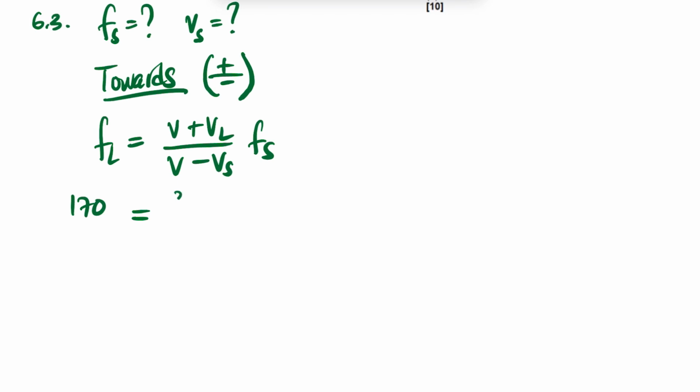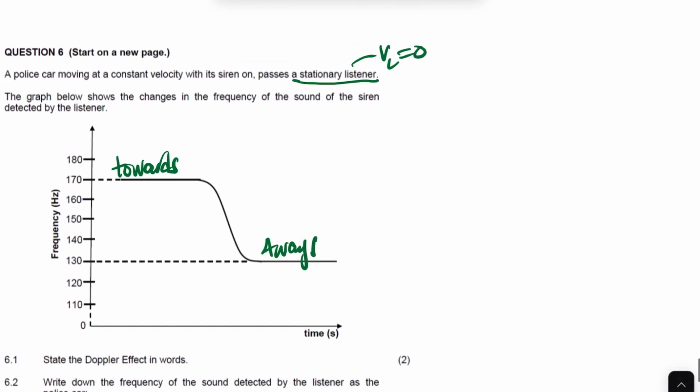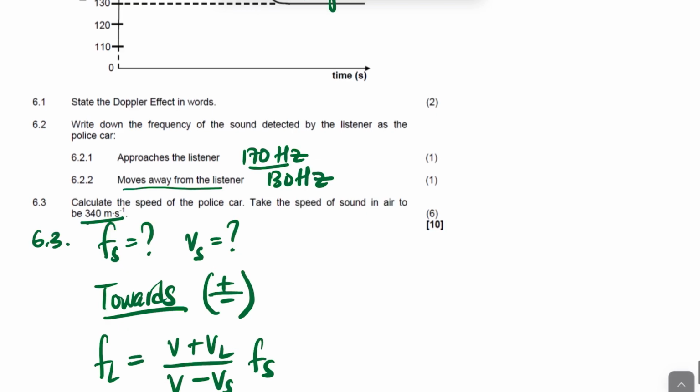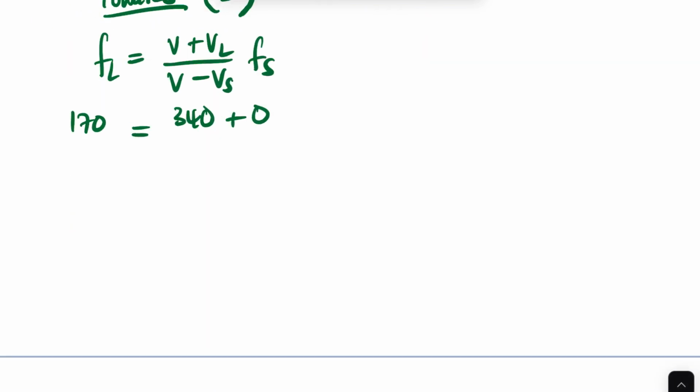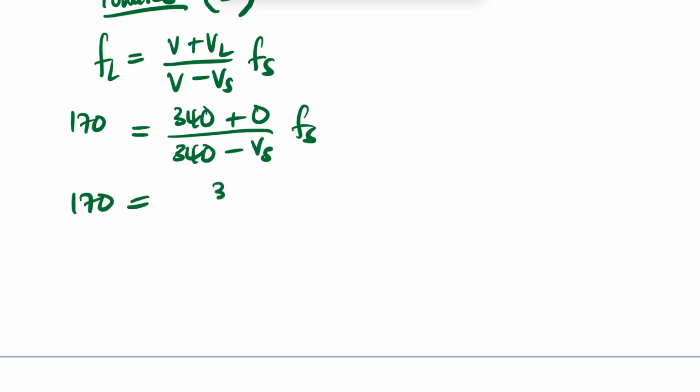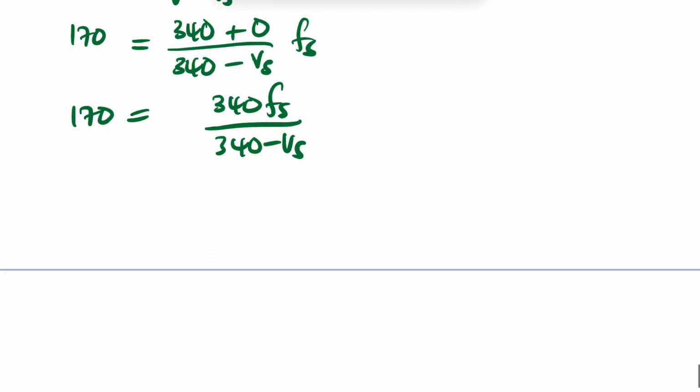The speed of sound in air is 340, plus the velocity of the listener, which is 0 because the listener is stationary, divided by 340 minus the velocity of the source, which we do not have, times the frequency of the source, which we do not have. So we have 170 equals 340 Fs divided by 340 minus Vs.